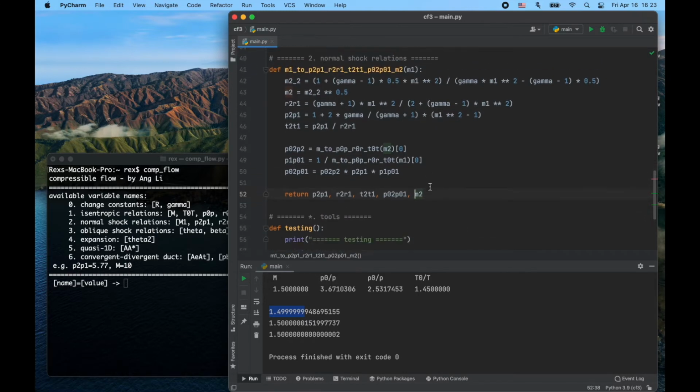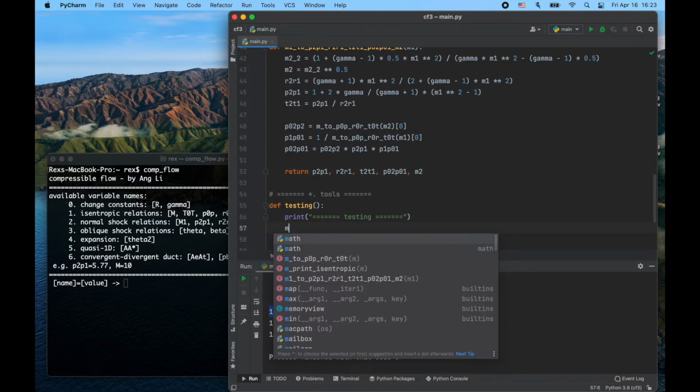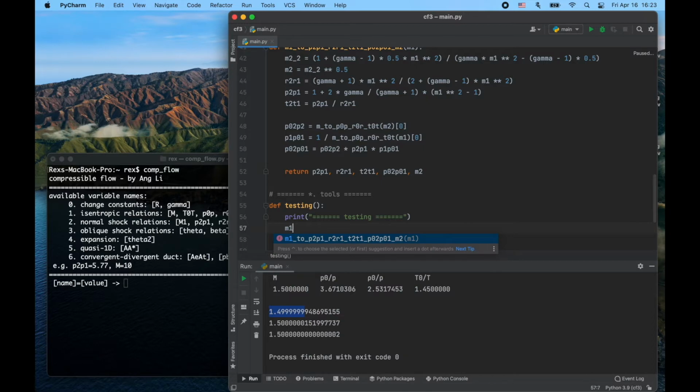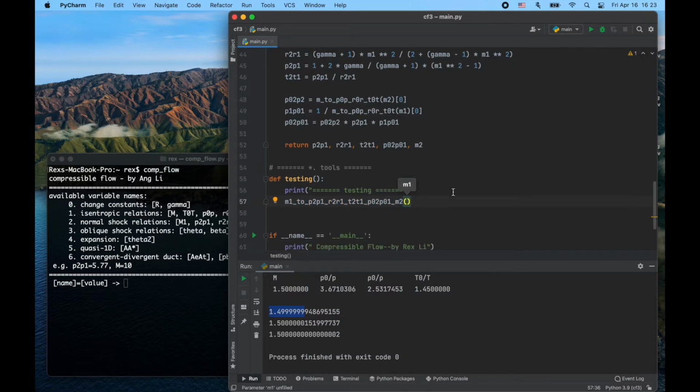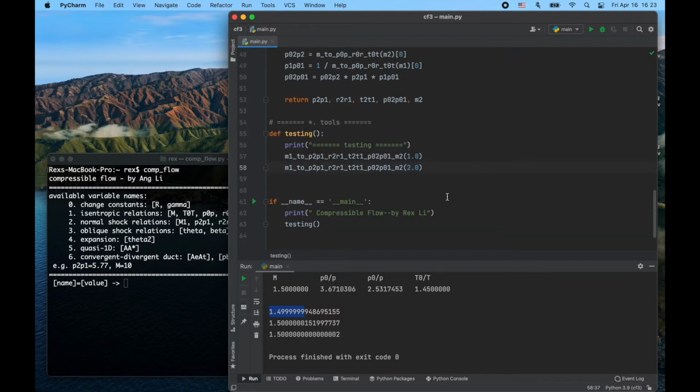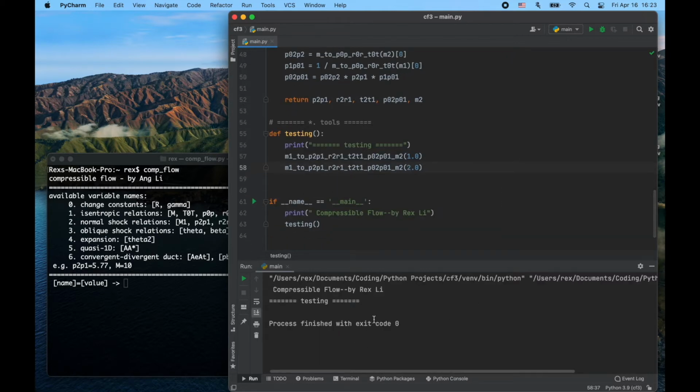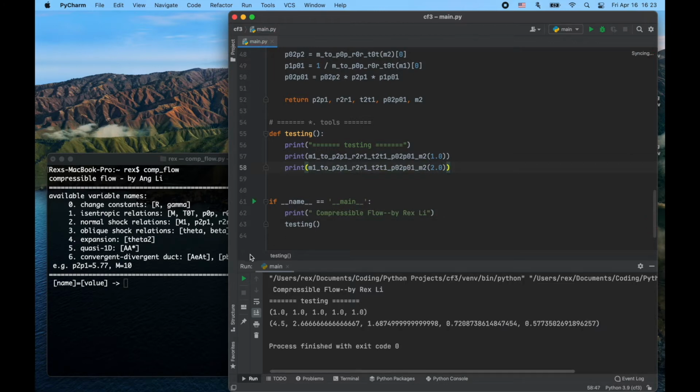And we test them. Here we can only test them on supersonic cases because M1 has to be supersonic, or it can be sonic. So let's test these two different cases. Run it. Oops, I forgot to print. Yeah, for the Mach wave, everything is just 1.0.